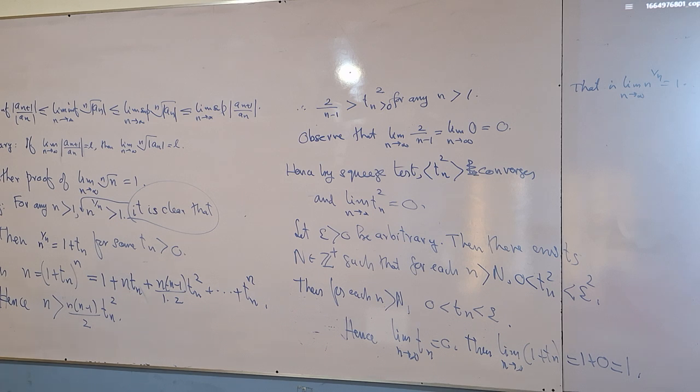This is clear enough. This is a very good proof. You have to show that using induction, no? The binomial theorem, second part is greater than n times n minus 1 over 2 tn squared, is less than that. You have to show that using induction or something.